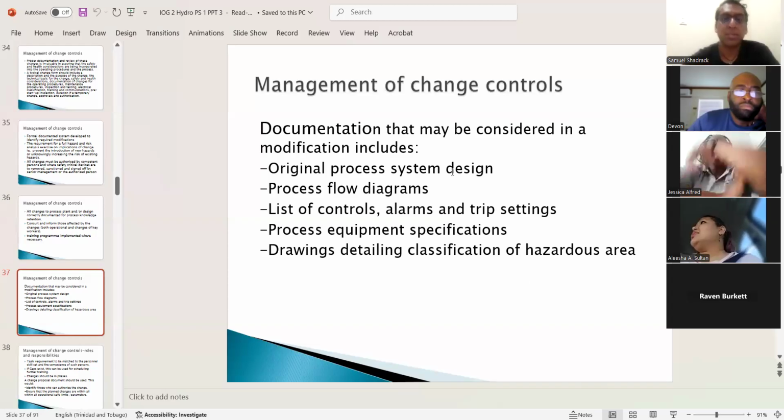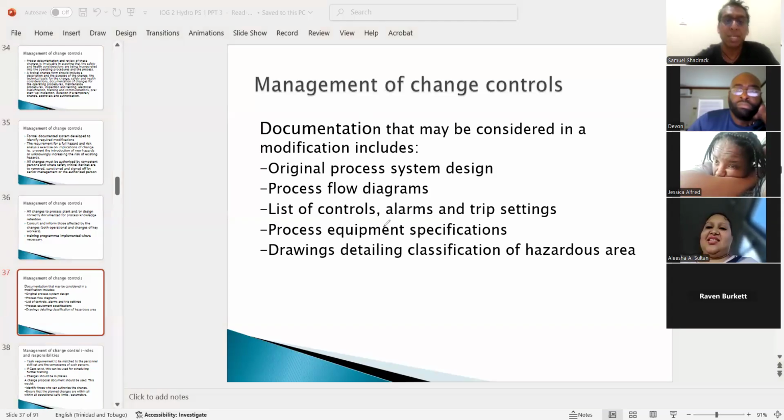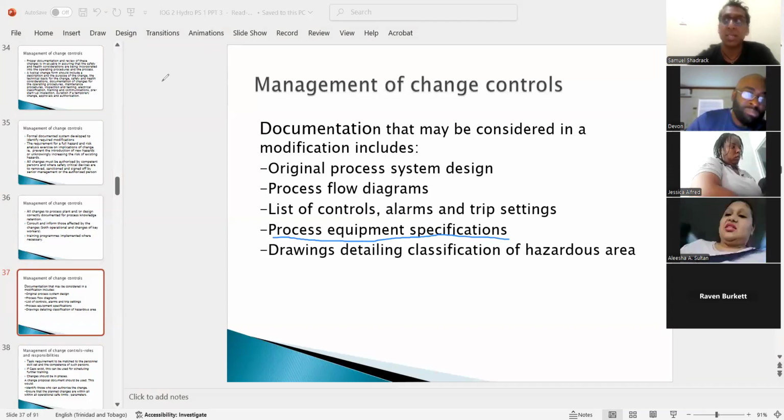It's just that if you would be able to identify with it, like if operating conditions change, maybe this one here, process equipment specification, right? So if you think of equipment, a motor, and the motor you have is capable of doing a certain number of revolutions per minute, RPMs.